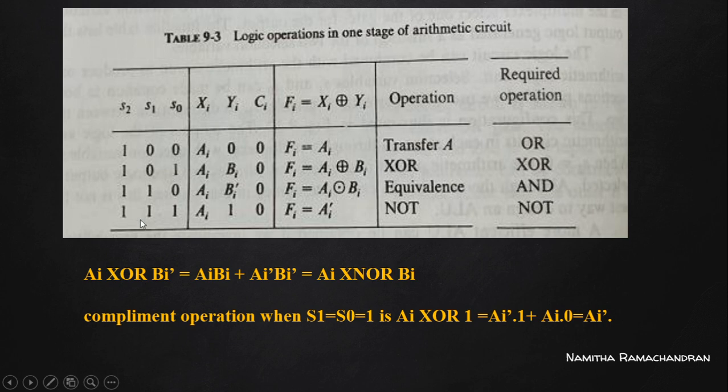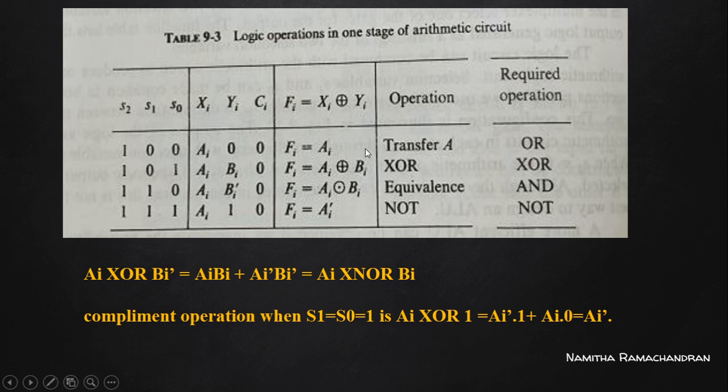Okay, now this is the case with S1 equal to 1 and S0 equal to 1. Xi equal to Ai and Yi with all 1s, it performs the complement operation. Actually, the full adder output is Xi XOR Yi. So substituting this input value, it generates the complement of Ai.